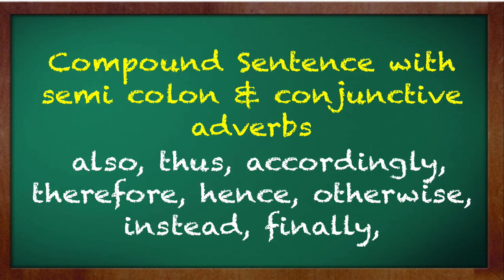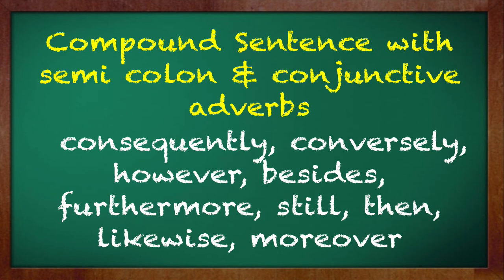Here are more examples of conjunctive adverbs used with semicolon in compound sentences. Also, thus, accordingly, therefore, hence, otherwise, instead, finally, consequently, conversely, however, besides, furthermore, still, then, likewise, moreover.